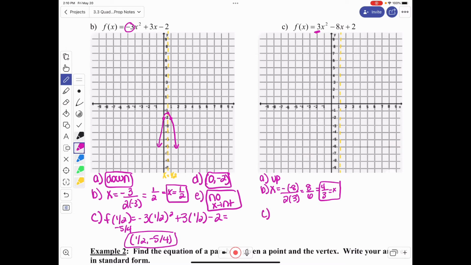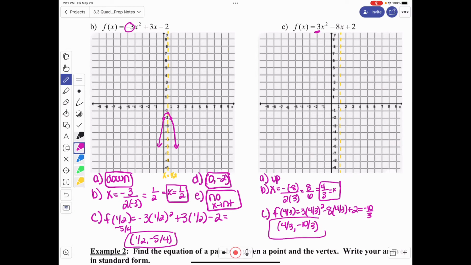Then for part C, if I plug in 4/3, so 3 times 4/3 squared minus 8 times 4/3 plus 2. And that's going to give me negative 10/3. So again, we write this as a point.